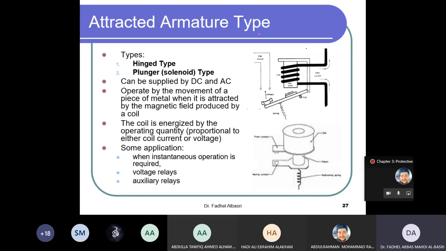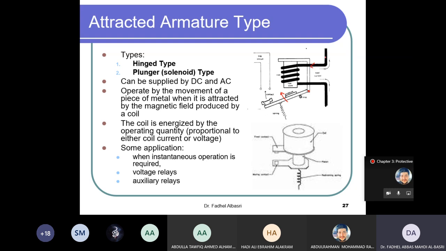The attracted armature type, either hinge type or plunger type, is the one I started with in today's lecture, before I started recording. I showed you the attracted armature type, where this is a pivot point. This is a coil wound on a core, and you have a pivot. This piece of the relay moves towards this direction if you pass a current here.